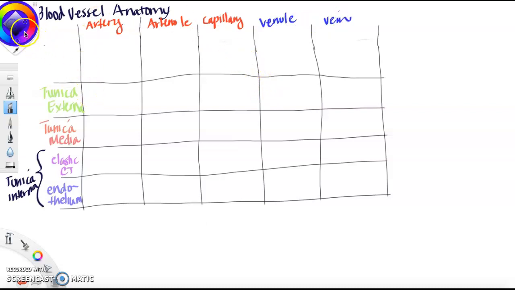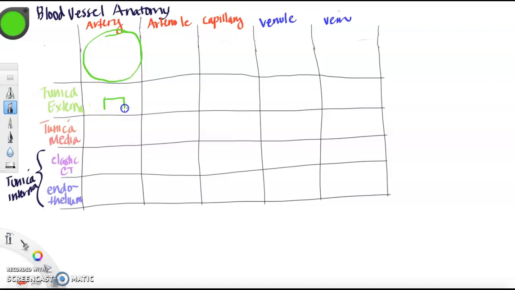All right, so the Tunica Externa is, again, fibrous connective tissue. So do arteries have that? Yeah, they do. Arteries are big vessels, and they have a tunica externa around them, and it's fairly significant.